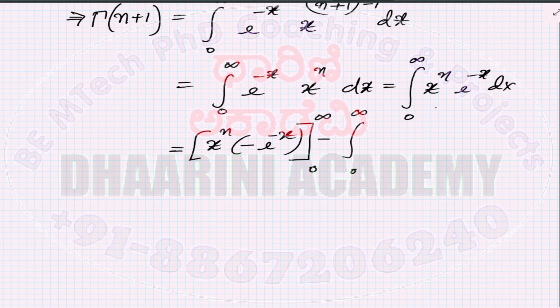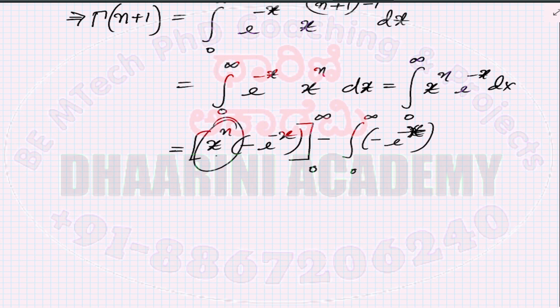Take the first term, which you need to differentiate, but before that, write whatever you got for the second term, minus e to the minus x, the same term which I got earlier, into the differentiation of the first term.